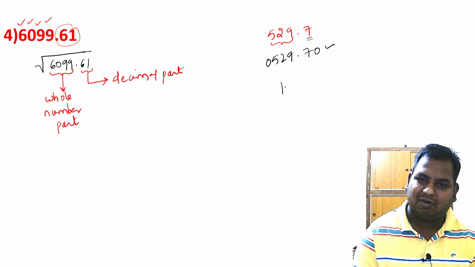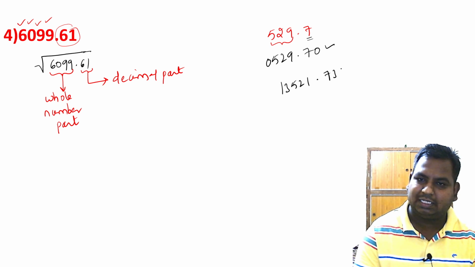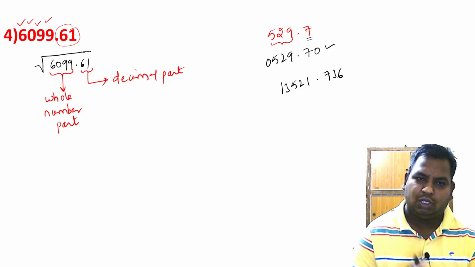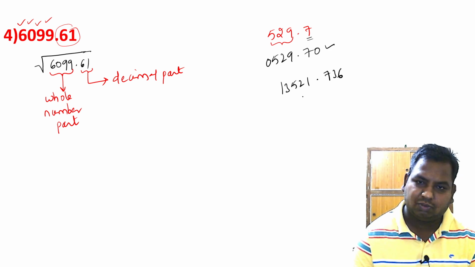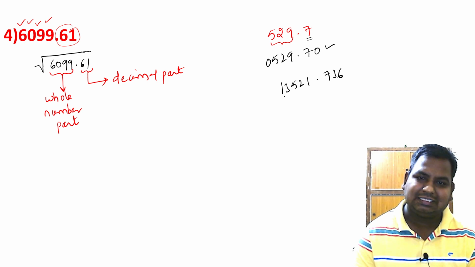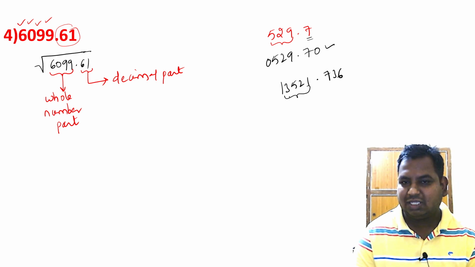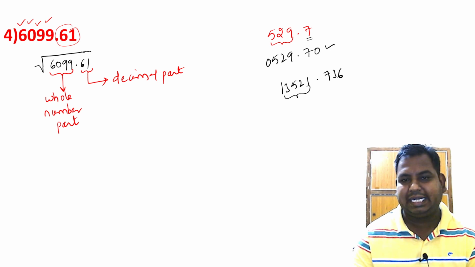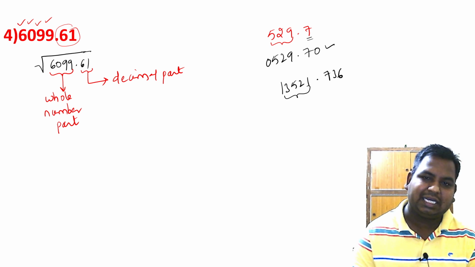For example, I have 13521.736. I want to find square root of this number. So before finding square root, what I should do? I need to look at the digits at the whole number part. At the whole number part, I have only 5 digits. So I need to convert it into even number of digits. How can I convert?